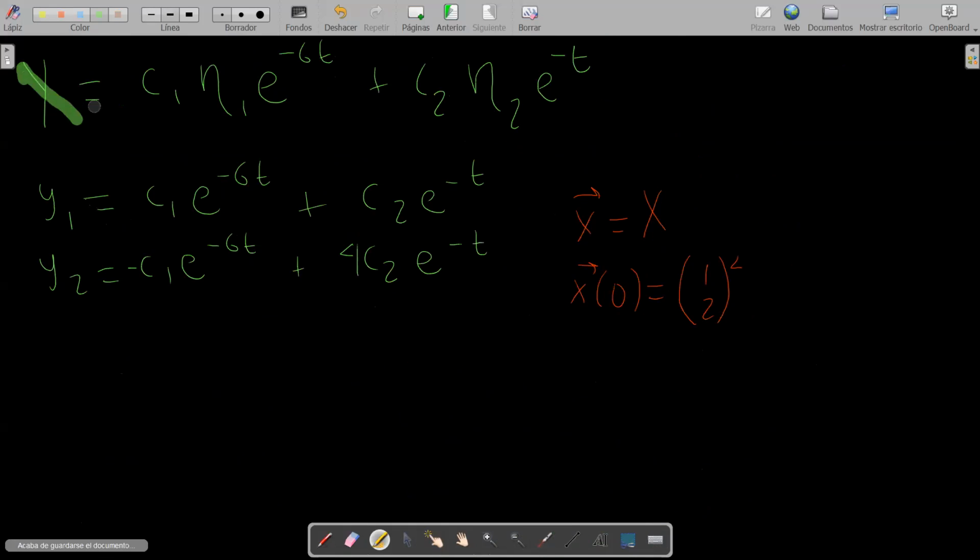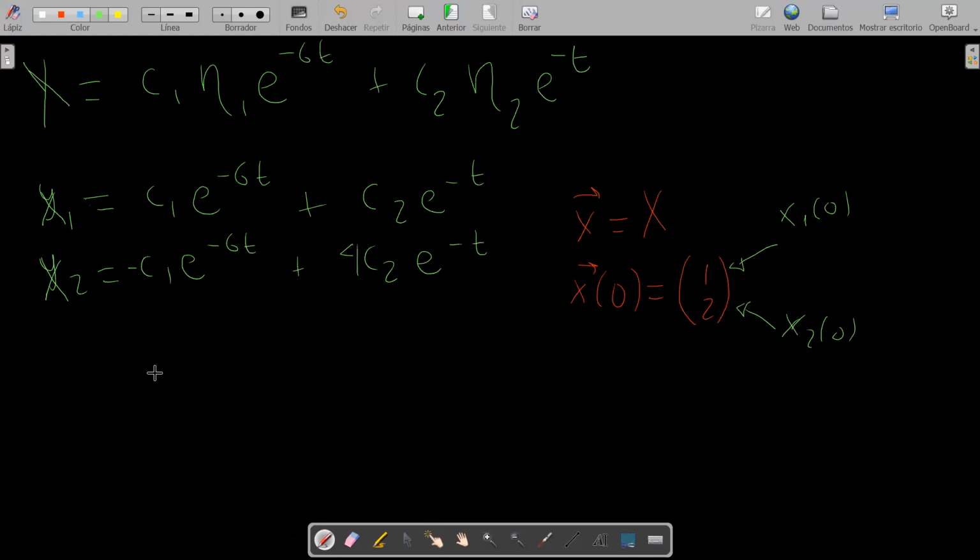So this has to be X instead of Y. We have X over here, we have X1 over here, and X2 over here. So this value over here is X1 evaluated on 0, and this one is X2 evaluated on 0.